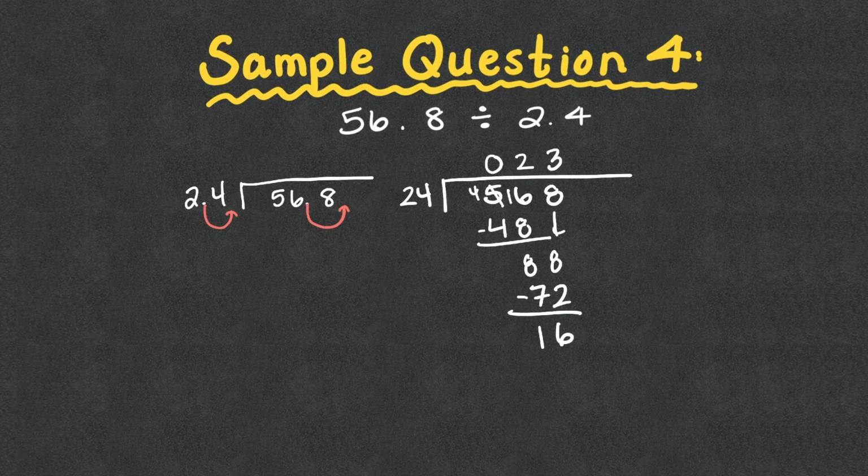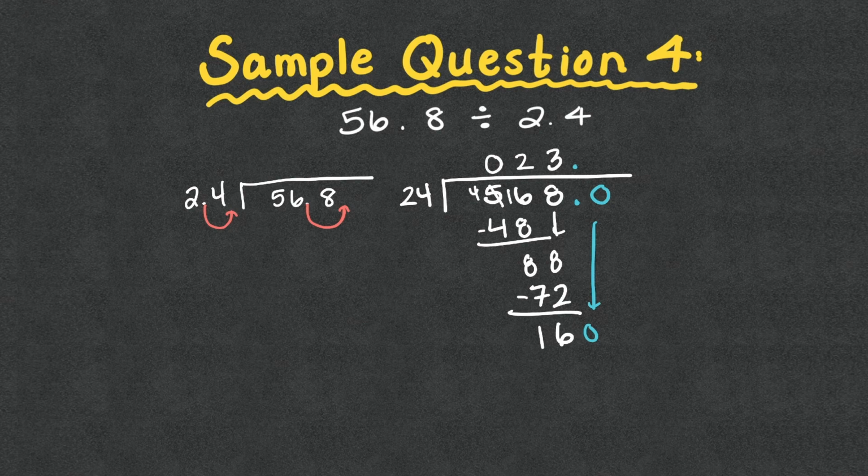So some of us may say, what do we do now? Well, unlike fractions where we say remainders, we can add a decimal point below, above, and we can add a 0. And we could keep going. So if we did 160 divided by 24, let's try 6.